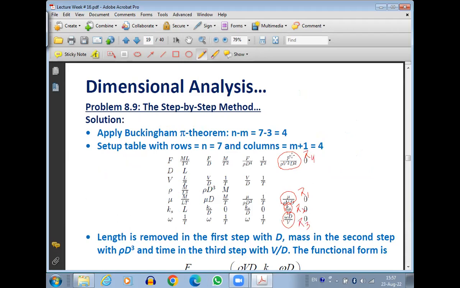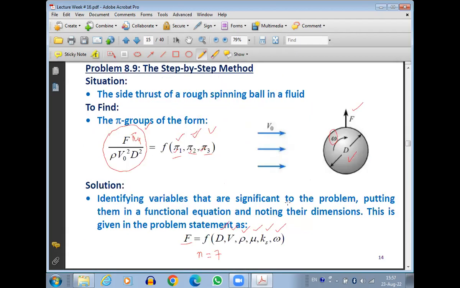And we wanted to find pi 4 as a function of pi 1, pi 2, and pi 3. So we did the problem, we determined the dimensionless parameters using a step-by-step method.